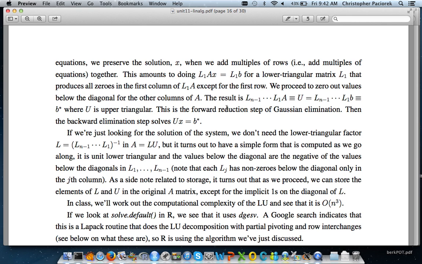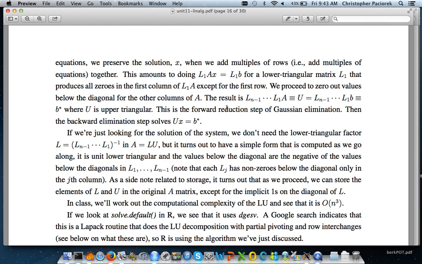I can write this system of transformations I've done, multiplying by A21 over A11 and A31 over A11, and so on to get to here, as a series of operations. I can write it down as lower triangular matrices L_{n-1}, L_{n-2}, through L1 times A produces my U. Each of these is lower triangular.